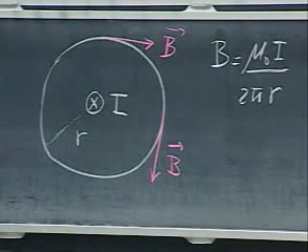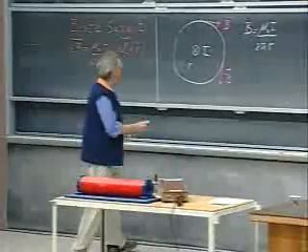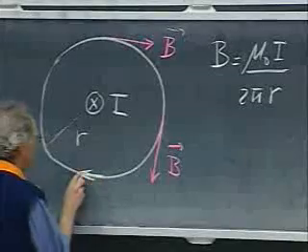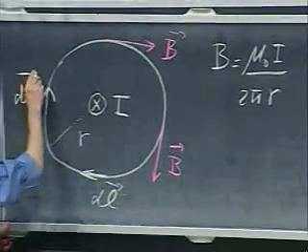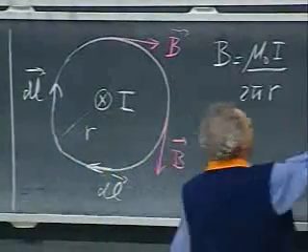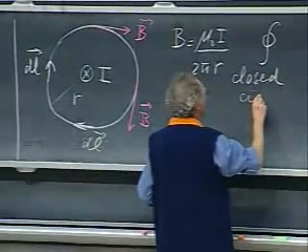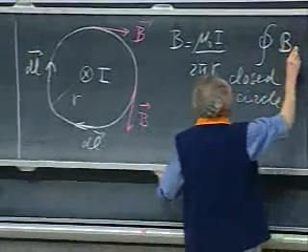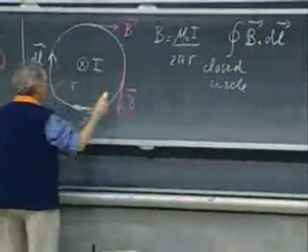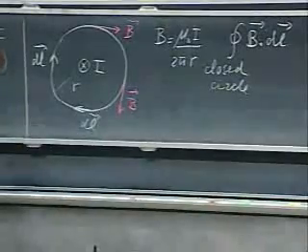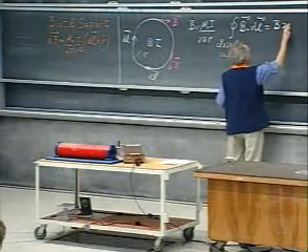If you walk around this circle and carve it up into little elements dl, and you calculate the closed circle integral of B dot dl, so everywhere locally you dot B with dl, but B and dl are in exactly the same direction everywhere, then you would find that this obviously is B times 2 pi r.